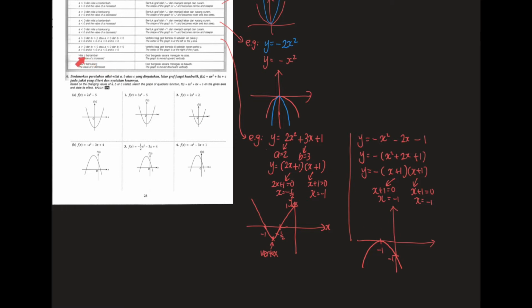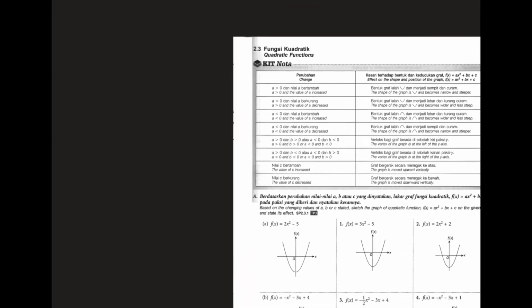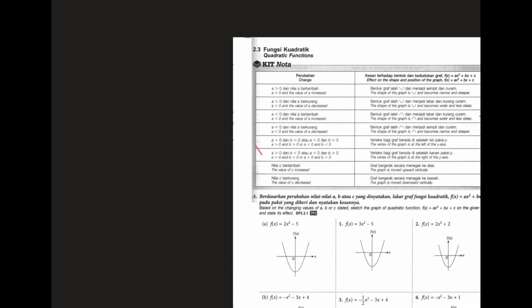Now we see the other one, A greater than 0, B less than 0. Okay, so let's say this one, I put the example on this side. I'm going to create an example where A is greater than 0. So let's say I create 2x squared. B is less than 0, let's say minus 3x.